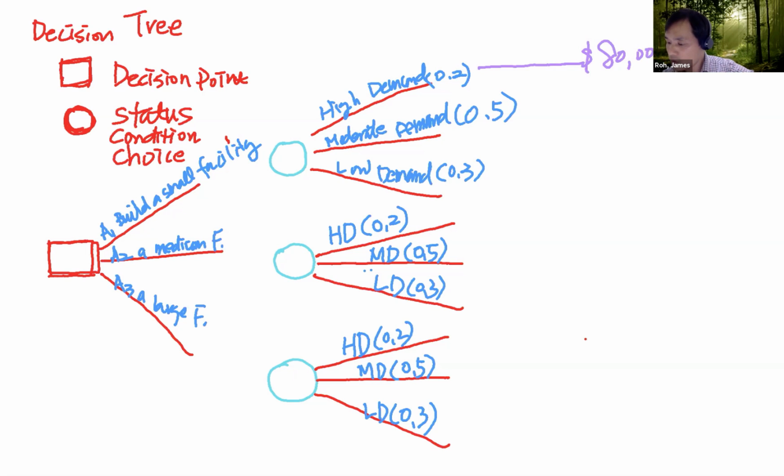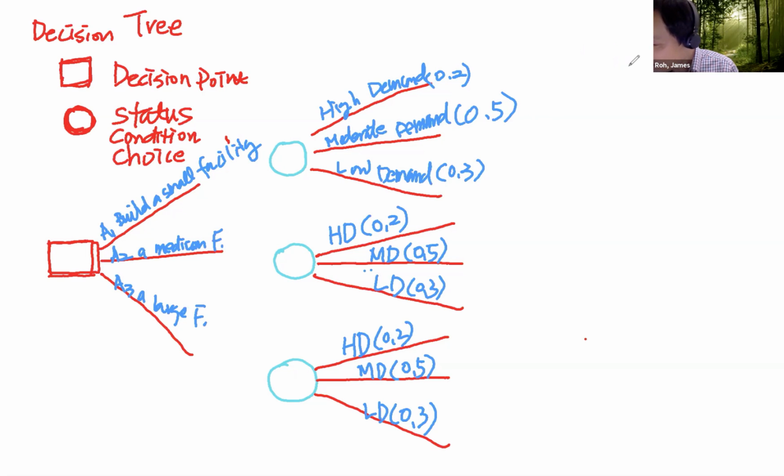According to the table, that's what it says. And moderate demand, and it's building a small facility. Oh, I made a mistake here. So let's go back. I forgot about this. So that's confusing.